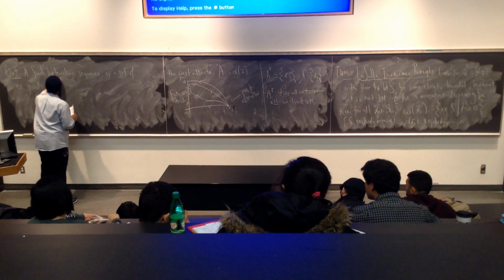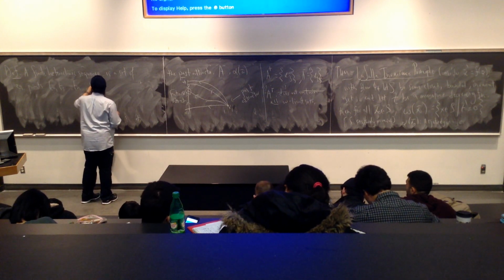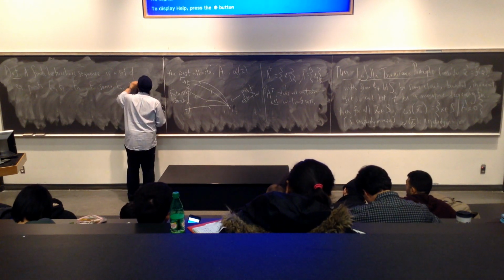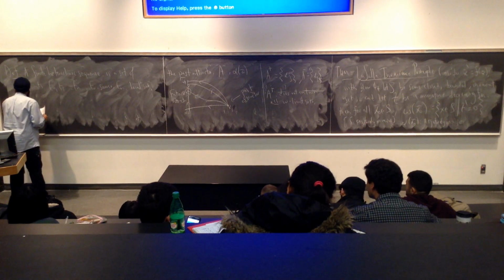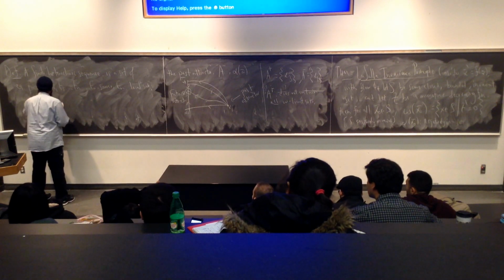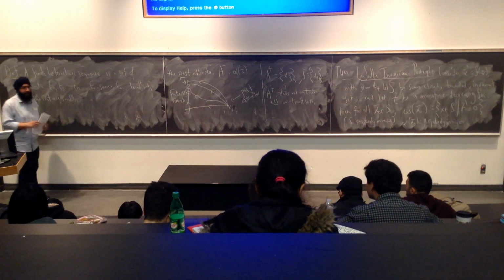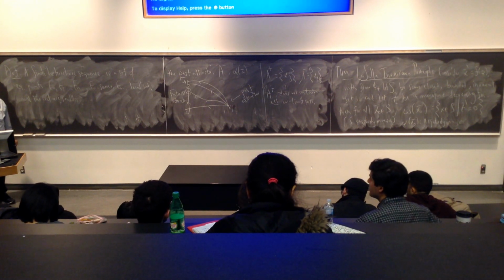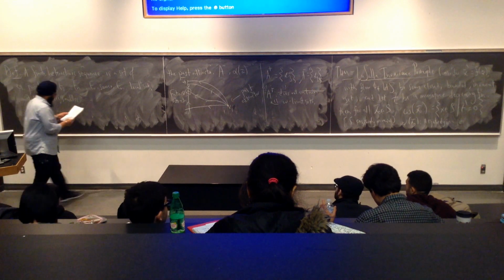I'll call them E0, E1, all the way to En, let's say, where E0 is a source, En is a local sink, and the rest are saddles. So if you have some orbit in your dynamical system where it connects a source to a sink, and in between the source and the sink you have a bunch of saddles, that's called a finite heteroclinic sequence. So I didn't draw one there.